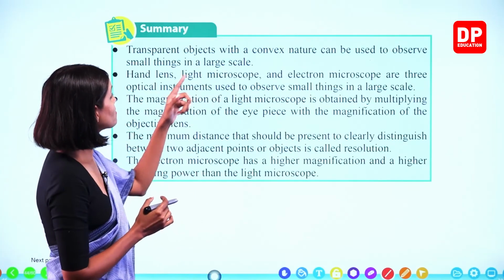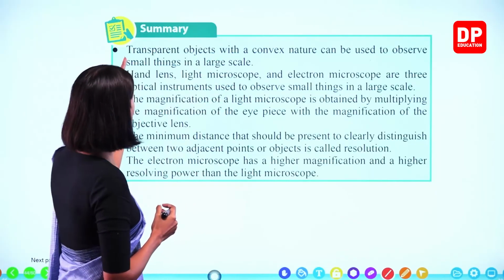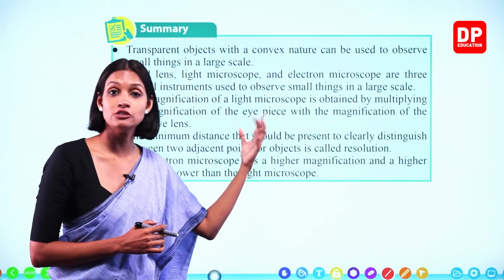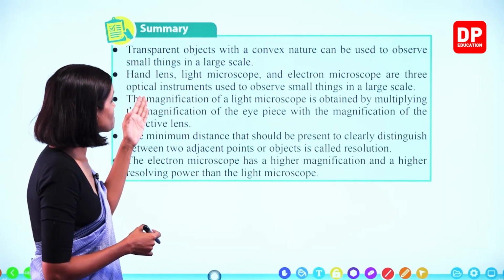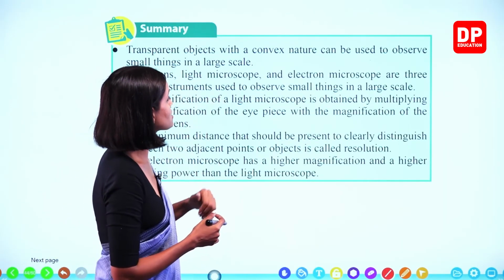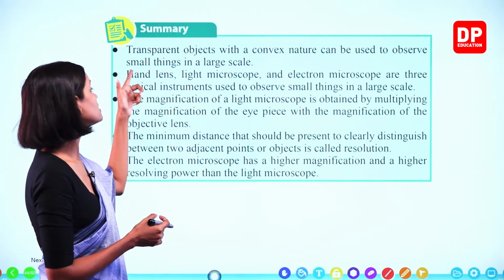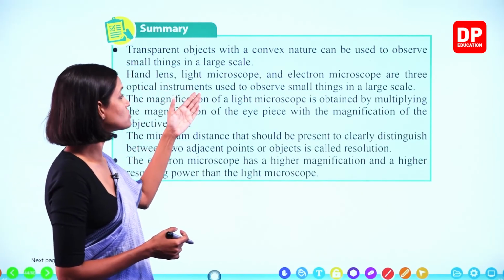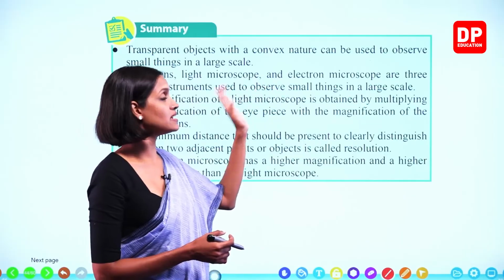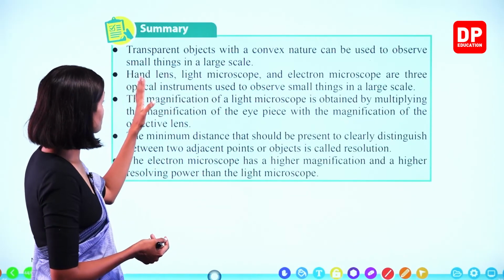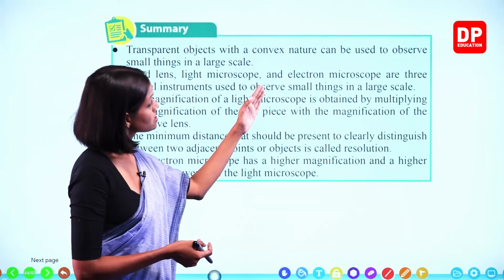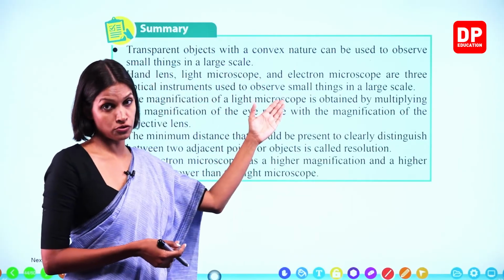Such objects can be used to magnify things. Hand lens, light microscope and electron microscope are three optical instruments used to observe small things on a large scale. Out of these, the electron microscope is the most powerful one.